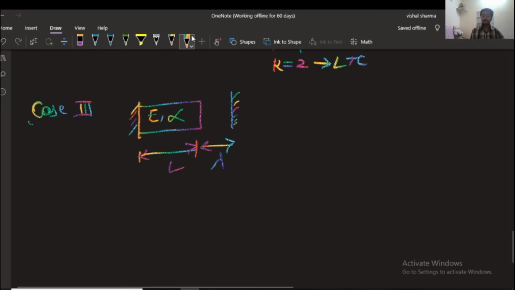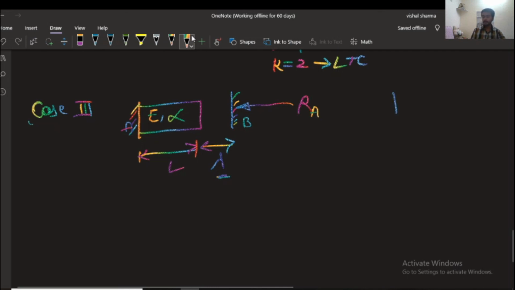So it can expand up to lambda. If the expansion is less than lambda, then there will be no stresses at the B point. But due to the thermal load or temperature change, if the change in length is greater than lambda, then definitely a reaction force will develop.